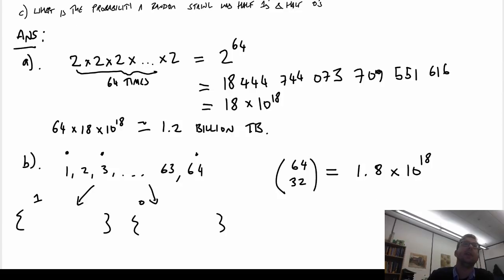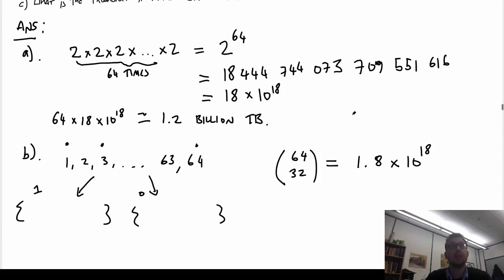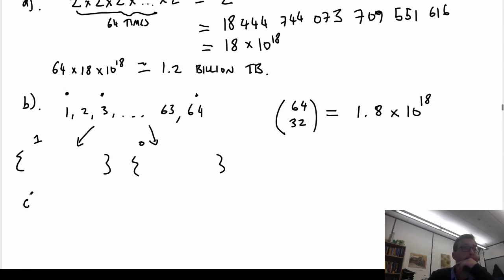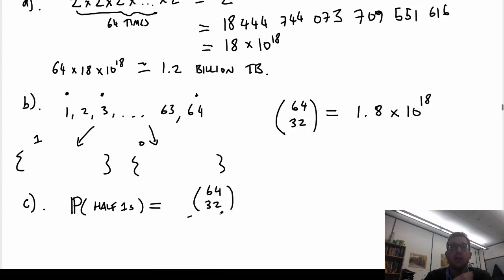And then finally it says, what is the probability the random string has half ones and half zeros? So let's assume I get a random number generator, and I generate a 0, 1 string. What is the probability that half of the digits are ones and half of the digits are zeros? Well, the probability that we get half ones is the number of strings that have half ones, which is 64 choose 32, divided by the number of strings, which is 2 to the power of 64.